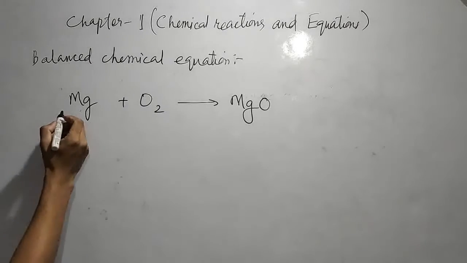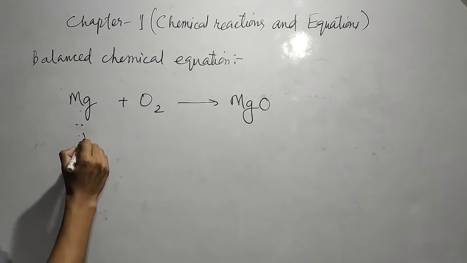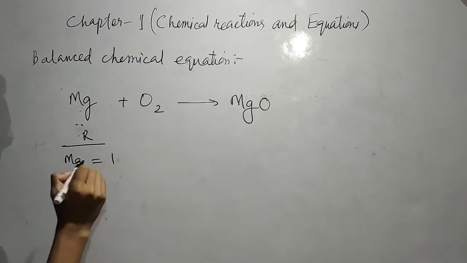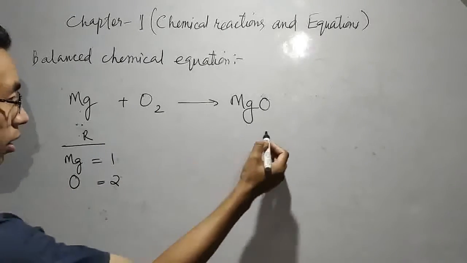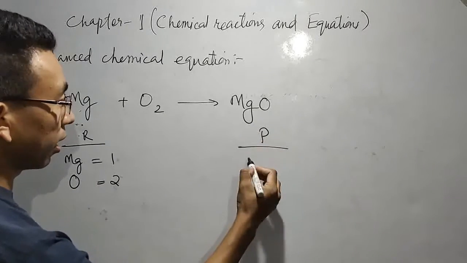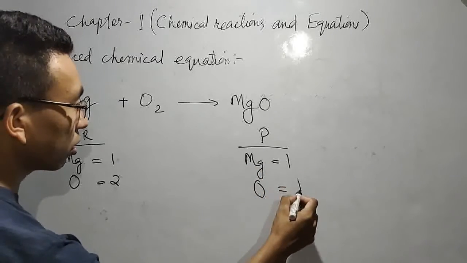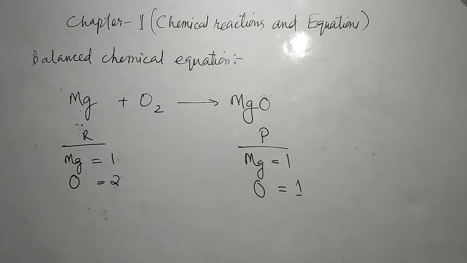On the reactant side, Mg is 1 and oxygen is 2, and on the product side Mg is 1 and O is only 1. So Mg is balanced, but O is not balanced.